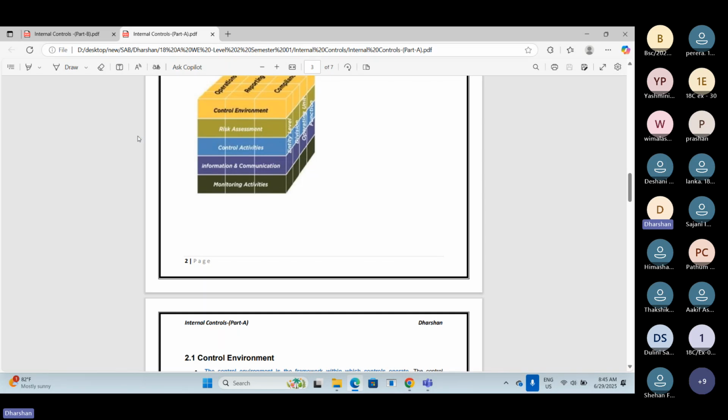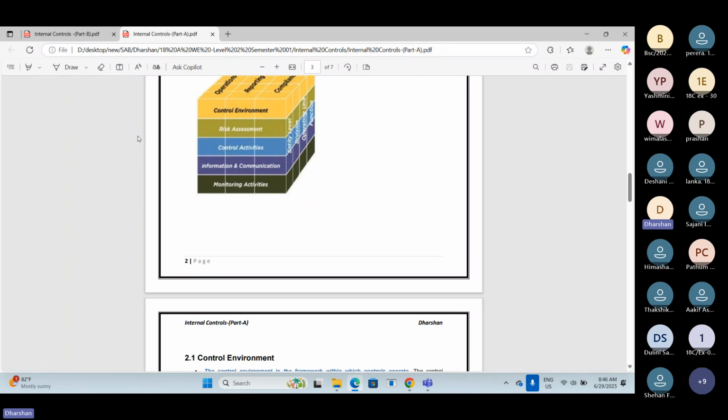If they implement strong internal controls, they can achieve their intended objectives. Each and every internal control has an intended objective. If they put a strong base with other control elements, they can implement strong, successful internal control. Successful internal control, as I told you last class, is a normal word. When it comes to the technical term, it is effective and efficient internal control.